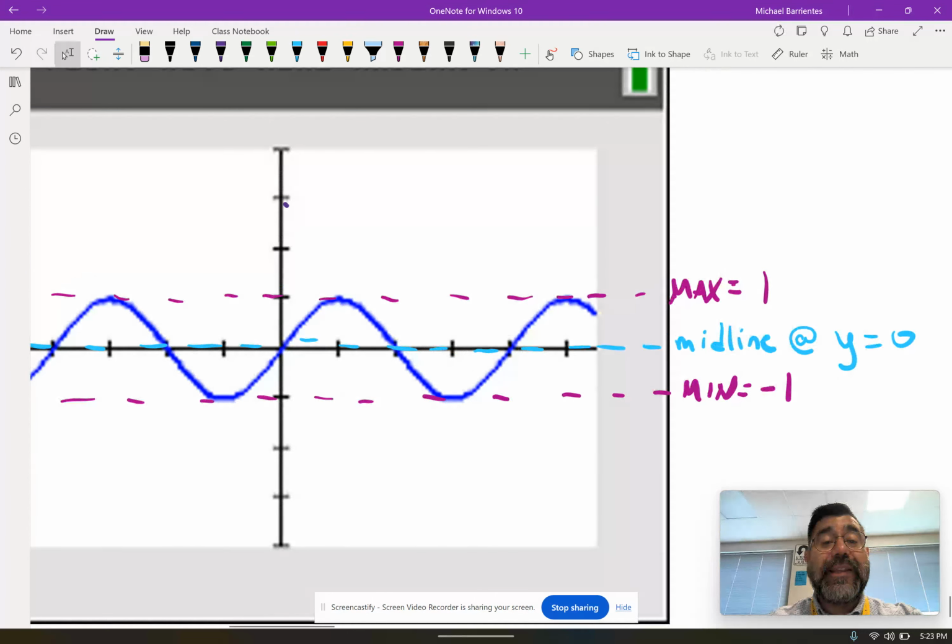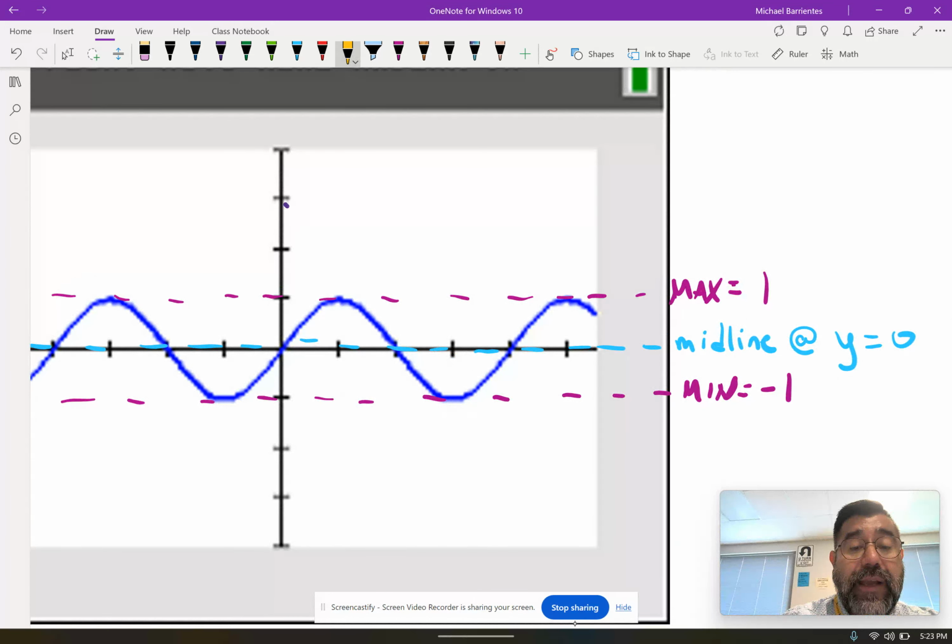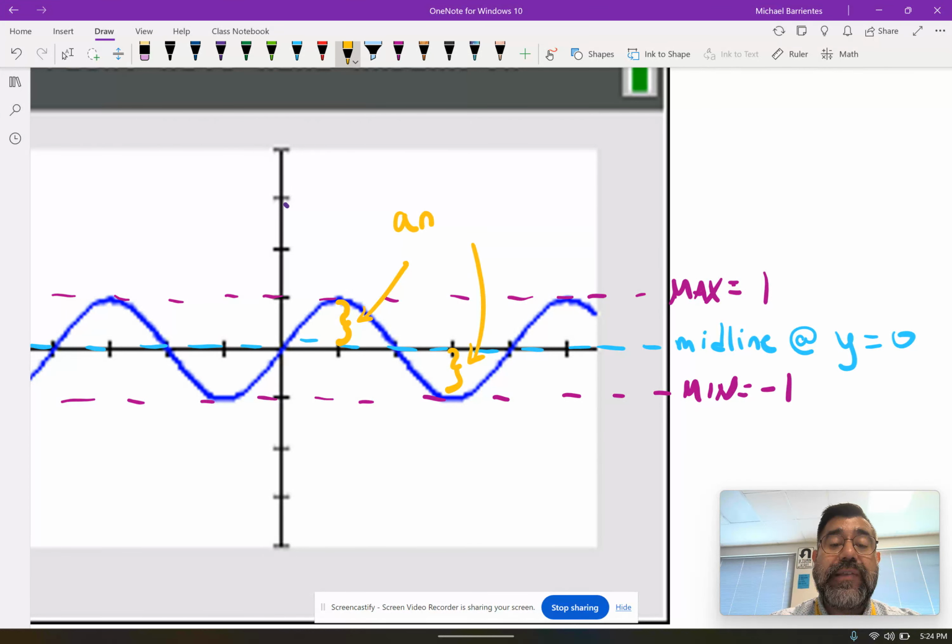That's different than this. We're going to find out what this distance is, or what this distance is. If the midline is exactly halfway, then these two distances should be the same. We call this the amplitude.